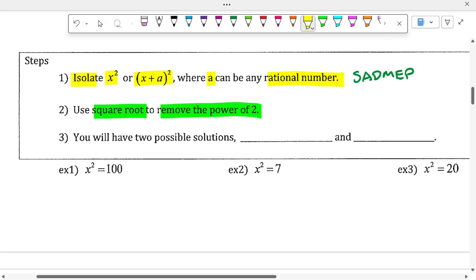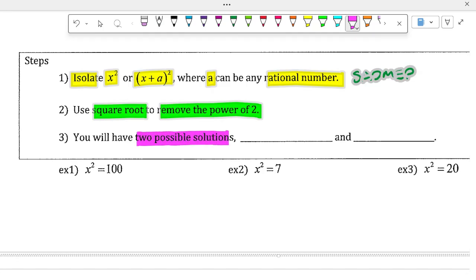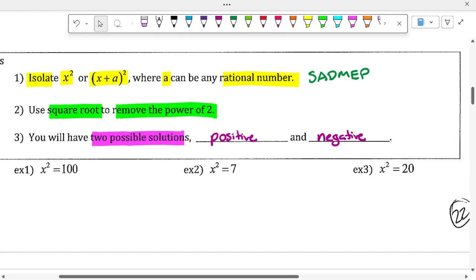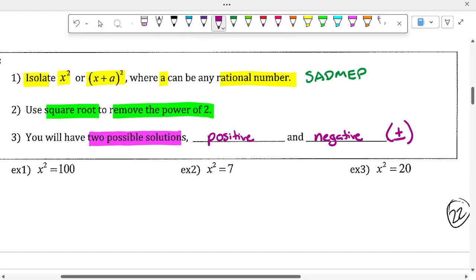And then finally, remember, you have two possible solutions. All right, the positive version and the negative version. So remember, that's that plus or minus that you've got to put in front of whenever you take a square root. So that's why math people create signs like plus or minus, because we don't have to write out two different things, so we shorthand it.